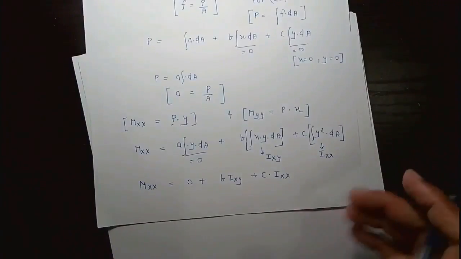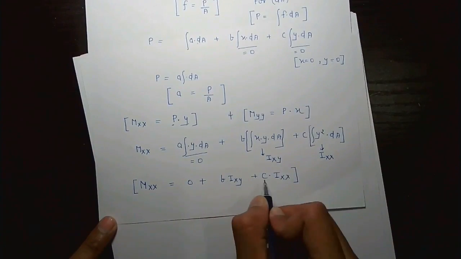Now we have two equations and two unknowns, b and c.